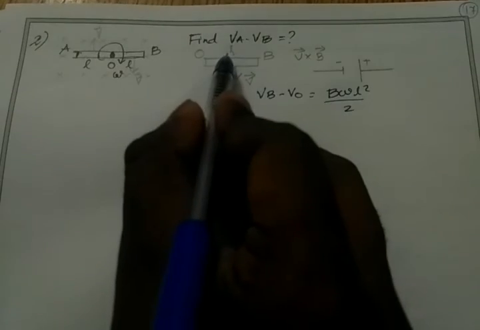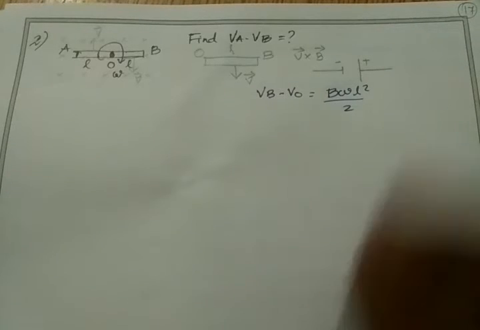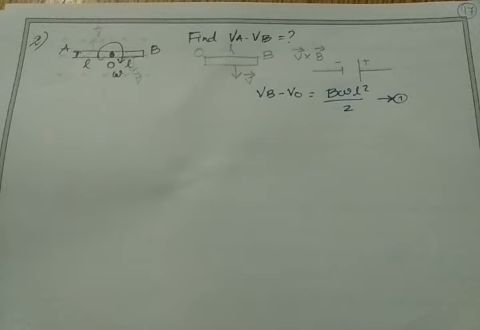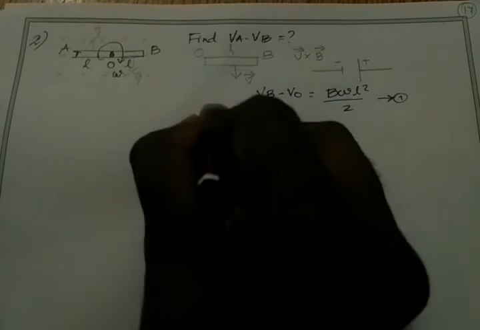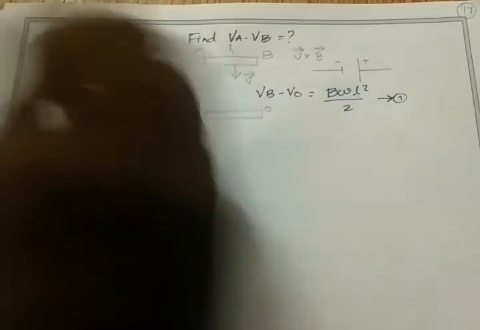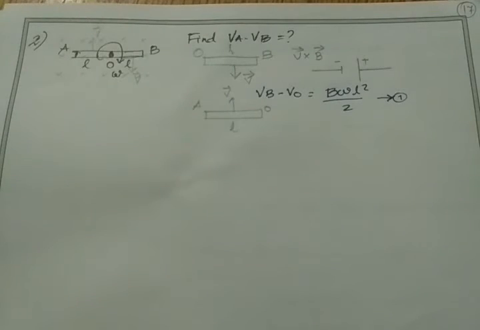So length is here given as L. So we take simply L square. This is my equation 1. Then for the other part, A to O, this part goes upwards with velocity V and length is L. Here what is the direction?